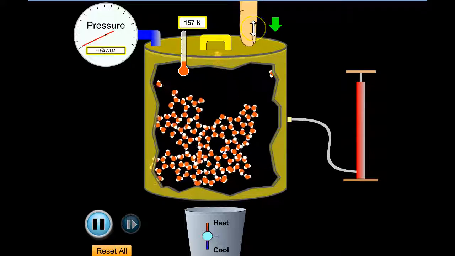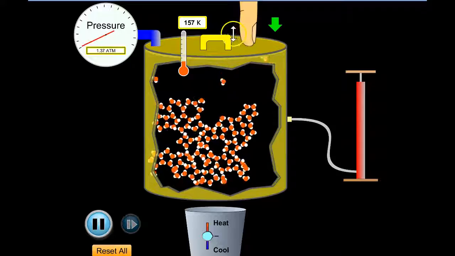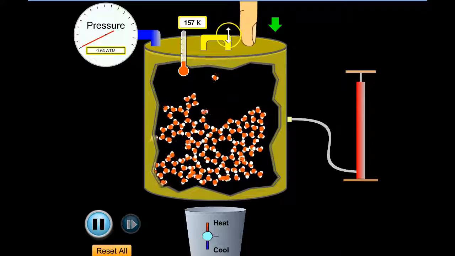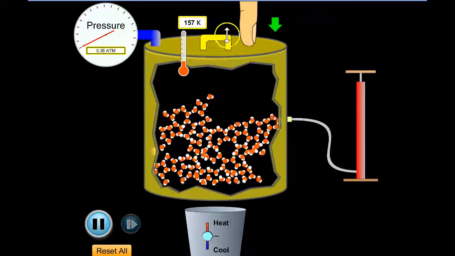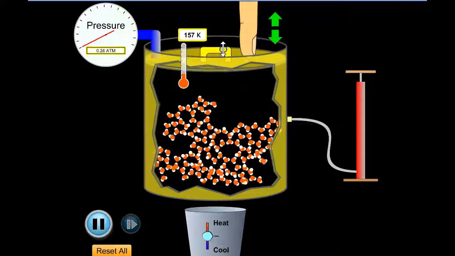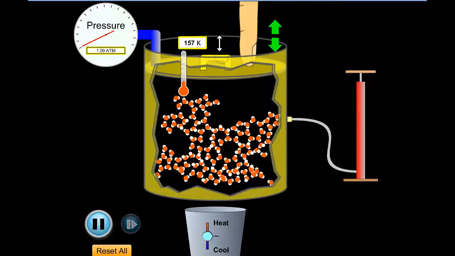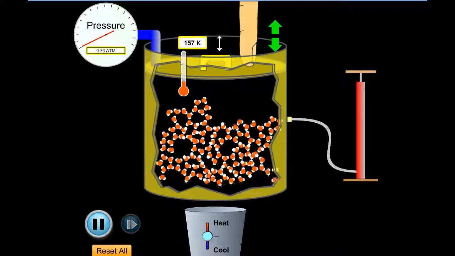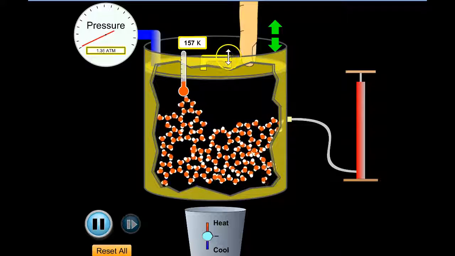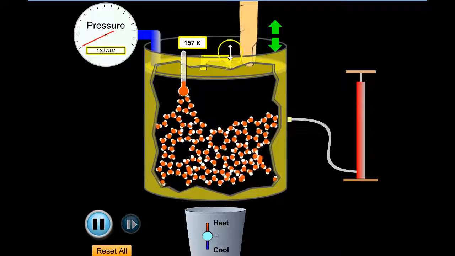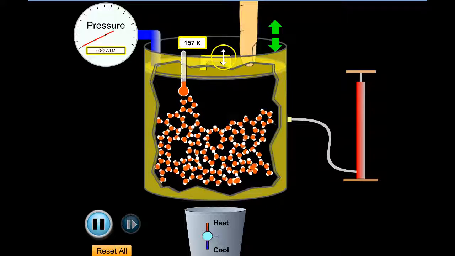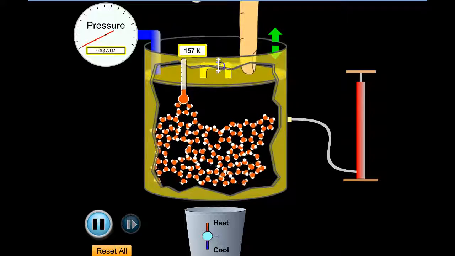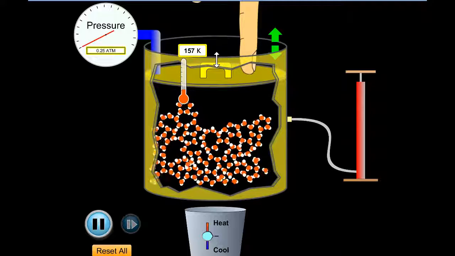Now, there is a second way that I could increase the density, and this way does not actually require me to add more matter. But if I could change the amount of space that matter had to be in, that is also going to raise our density, because once again, if I decrease the amount of space, I'm making it more crowded.